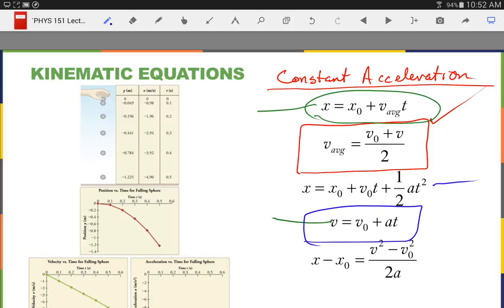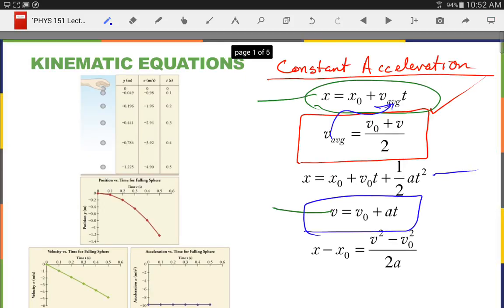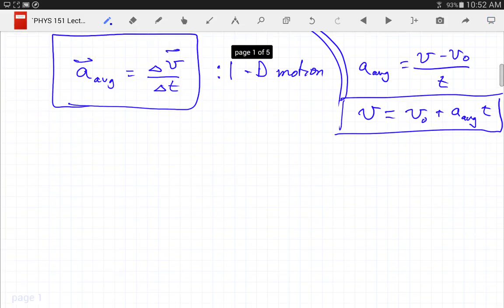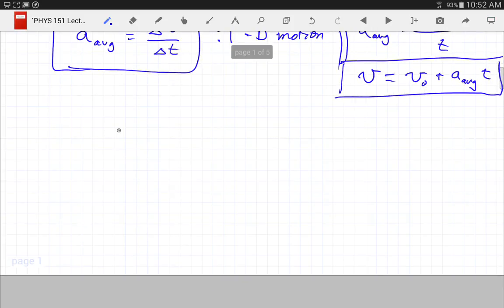You can say, okay, so the position is equal to the starting position plus the average velocity multiplied by time. But average velocity is the starting velocity plus the ending velocity divided by 2. And so if I put this equation into here, then I will get, and I actually have to do that because I don't know what I'll get.